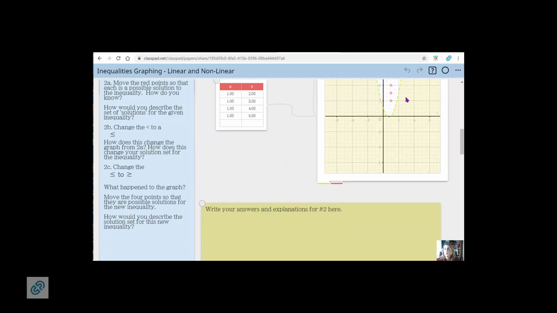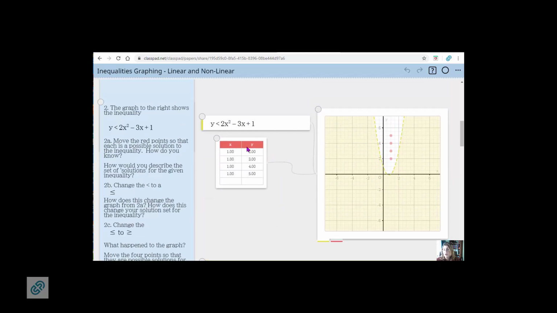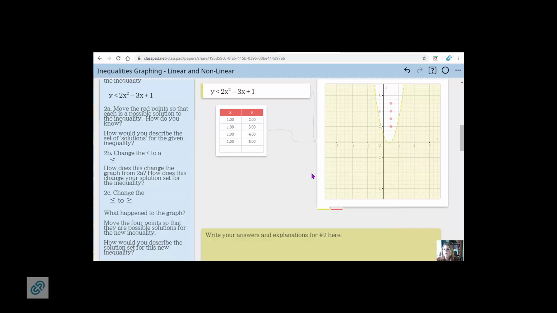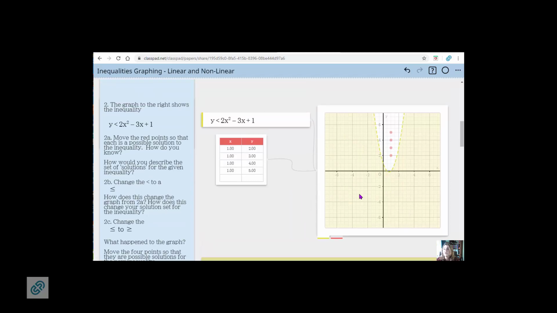Then we continue that with a quadratic inequality. They start with an inequality where there are shaded parts, and they're supposed to, again, test the points. Are the points where they are right now solutions to this? They can get the calculator out if they can't do it in their head, and basically find where the solutions are.